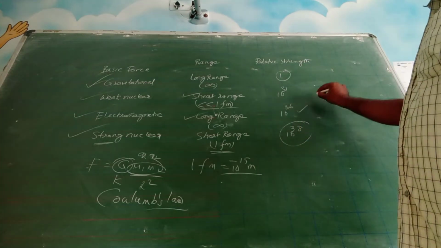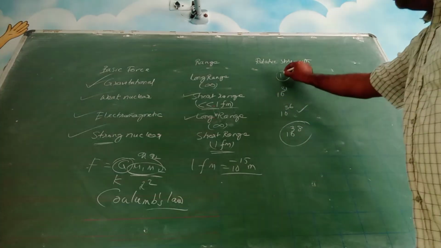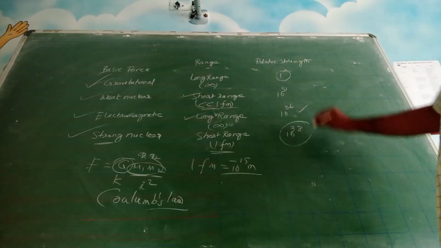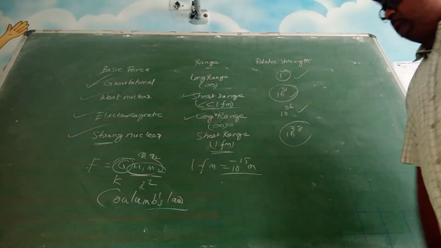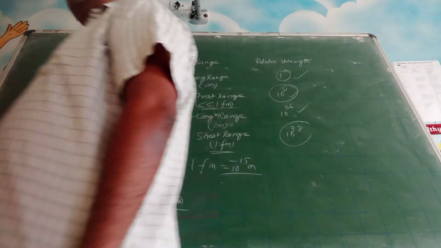Look at this electromagnetic force, it is 10 power 36 times stronger than this. If this is 1, then this value is this much. Even you can see the weak nuclear forces are also very high compared with this. So out of all these forces, gravitational forces are actually the weakest forces.